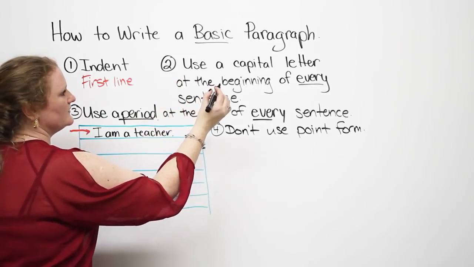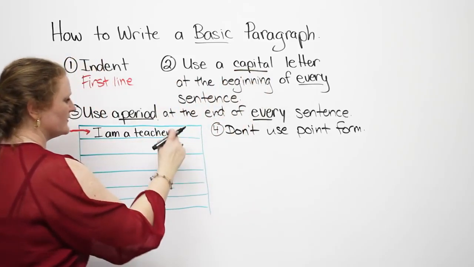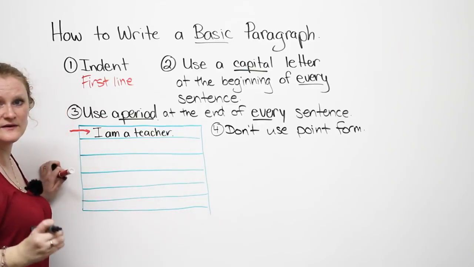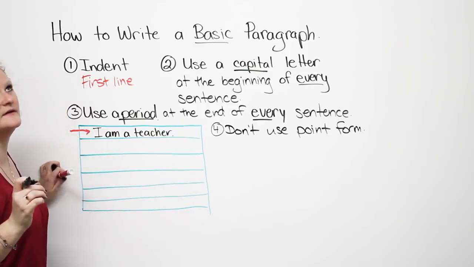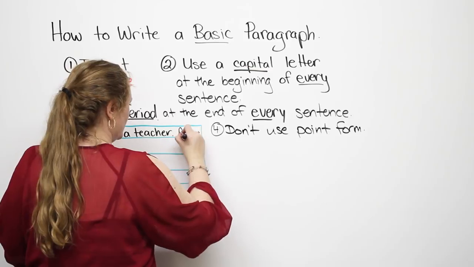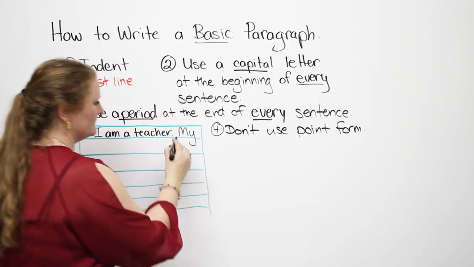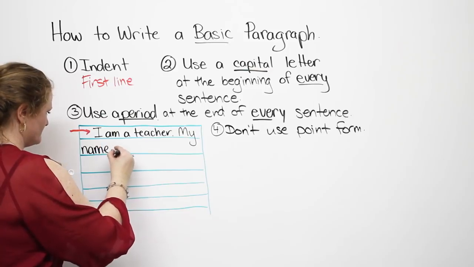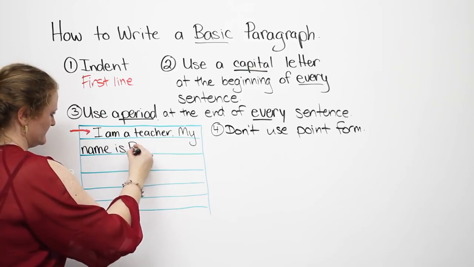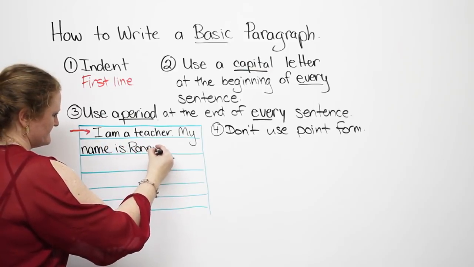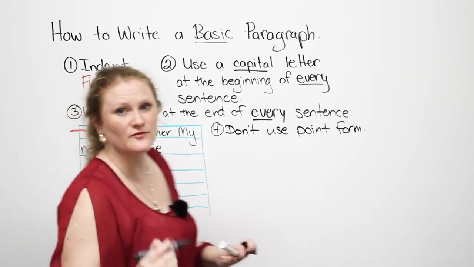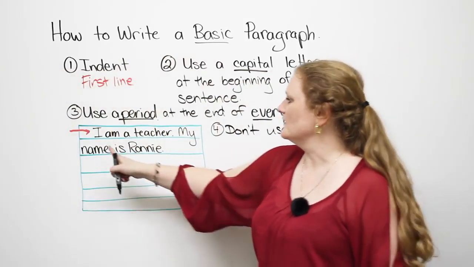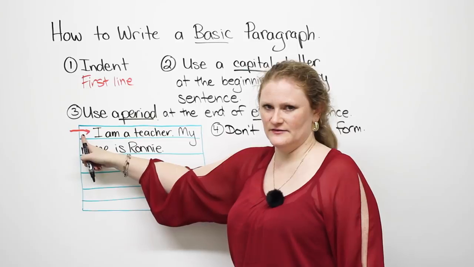So, what I'm going to do is my next sentence, I'm going to begin it with a capital letter. My. So, I want to say my name. My name is Ronnie.